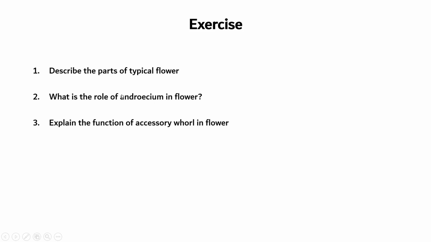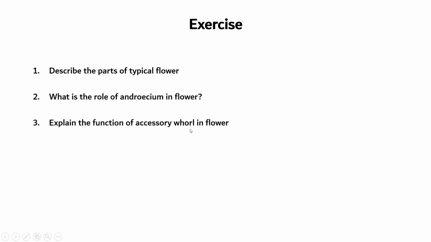Within that anther, you will get pollen grains or microspores, and those pollen grains are responsible for the development of the male gametophyte. A typical male gametophyte is with pollen tube and antherozoids or sperms. You have to describe in this manner.